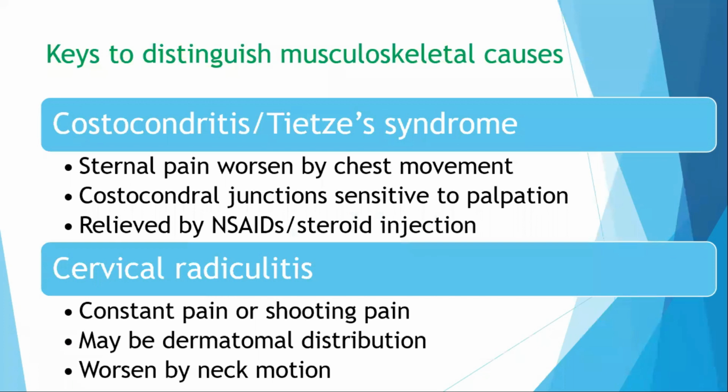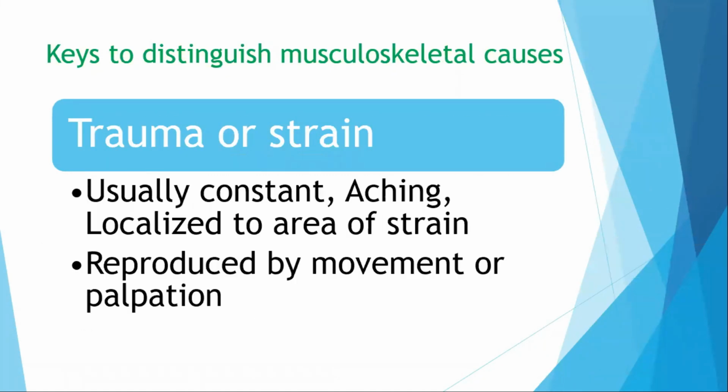Cervical radiculitis, where there is constant ache or shooting pain, may be in dermatomal distribution, worsened by neck motion. Trauma or strain: usually constant, aching, localized to the area of strain, reproduced by movement or palpation.